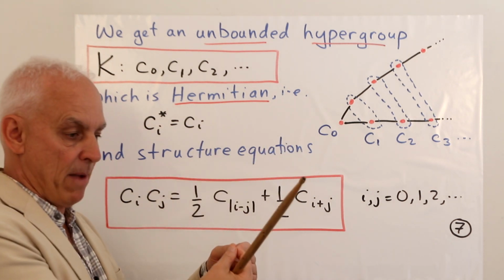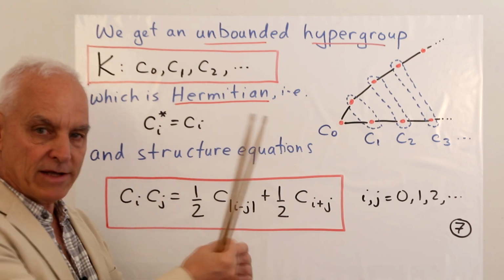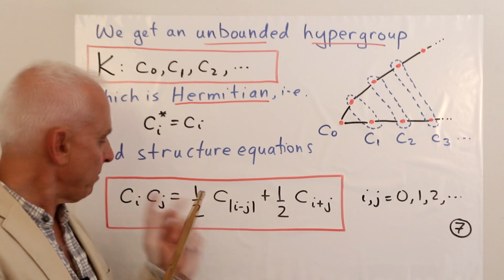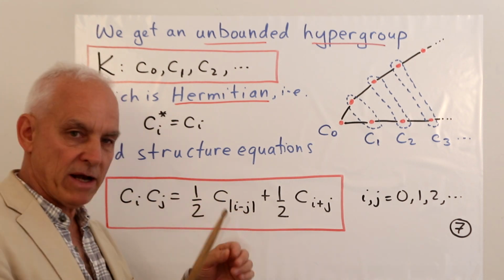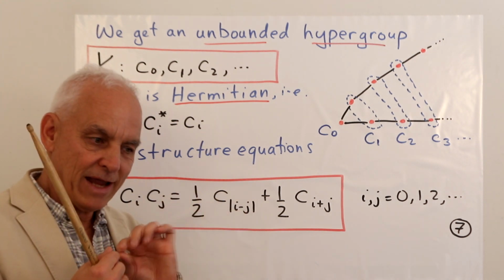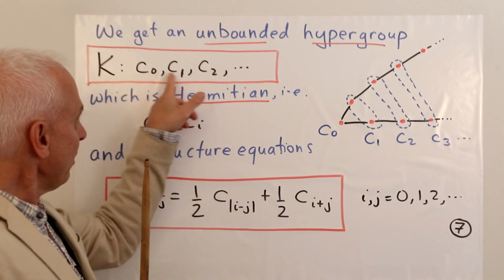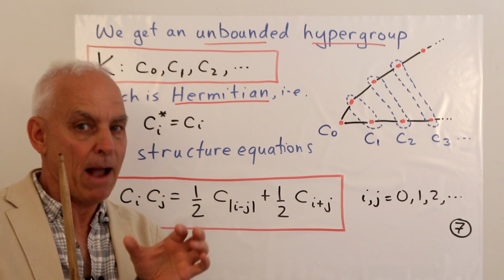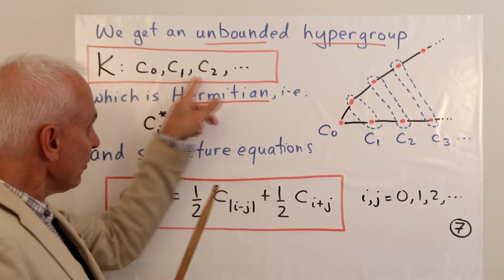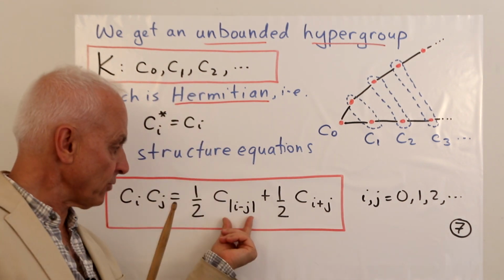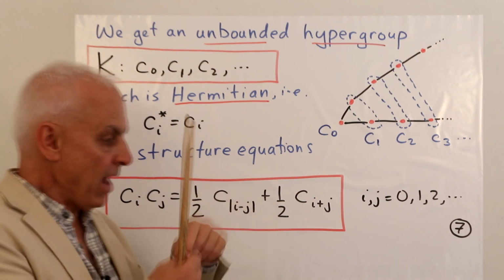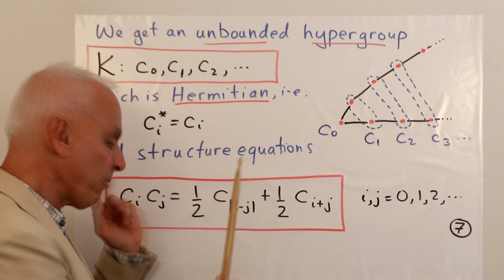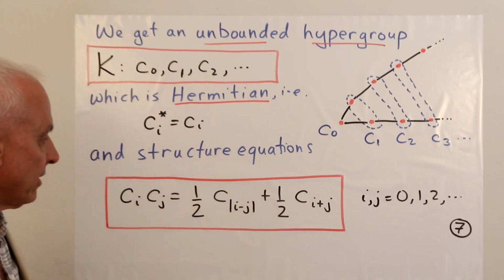We can either go backwards and take i minus j, but if i and j are both positive, it might be that i minus j is negative. In that case, because all these elements are indexed by natural numbers, we have to take the absolute value to get back into the range of natural numbers. That's why there's an absolute value here. And the other possibility is to add j to get C of i plus j. And these have equal probability, so that's the basic equation.